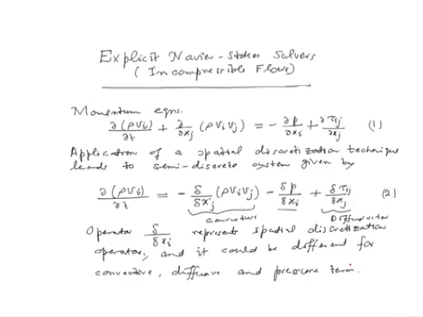Now, further, for the sake of notational convenience, we are going to introduce a short term notation. So, let this be represented by H_i. H_i contains both our convective as well as diffusive terms.